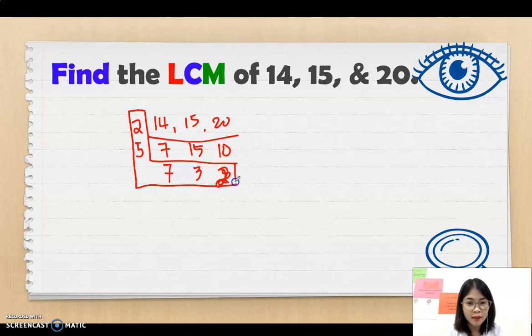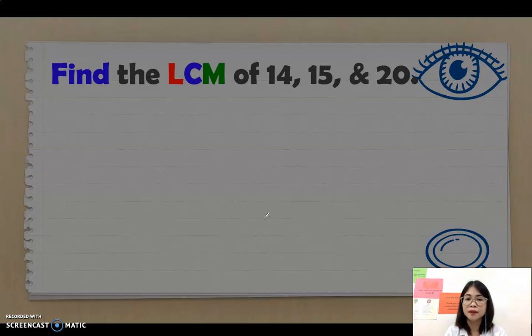So you multiply that. 7 times 2 times 5 is 10, times 7 is 70, times 3 is 210, times 2 is 420. So the LCM of 14, 15, and 20 is 420.